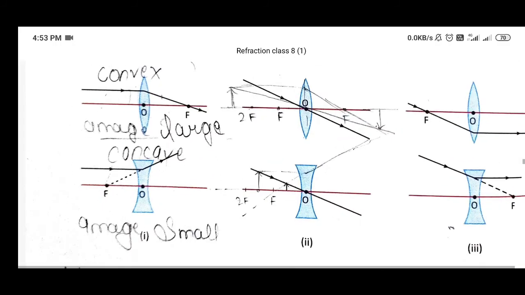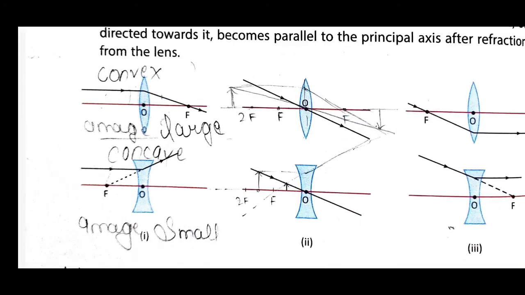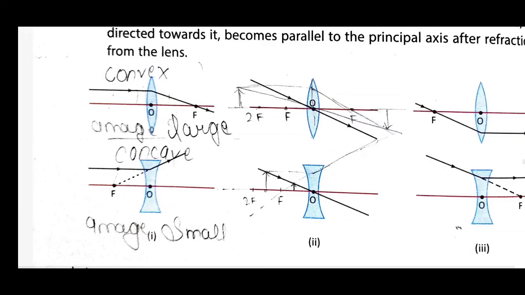But in this figure, this is a concave lens, the ray is incident parallel to the principal axis like in the convex lens, but it diverges, meaning it goes in an upward direction such that it appears to come from the focus.